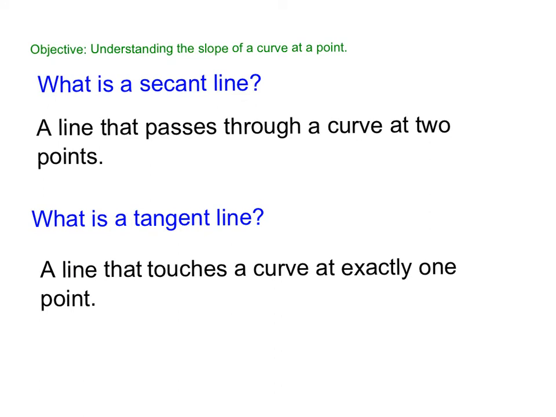So a secant line, if you have a curve, looks like this, and a tangent line looks like this. If you want to know why they're called that, ask me about the unit circle picture. I'll show you the unit circle picture and why those vocabulary terms are used.